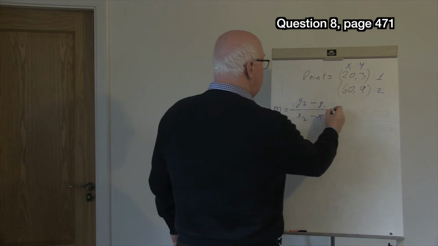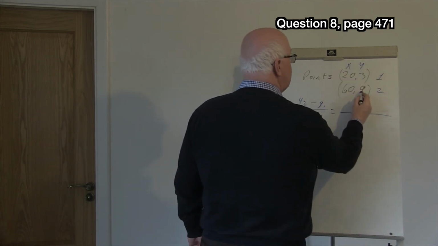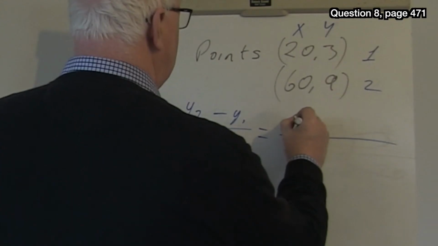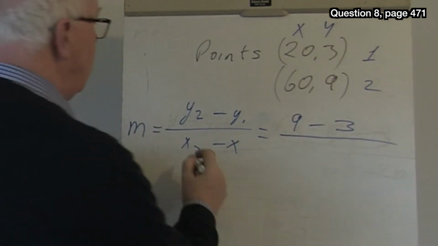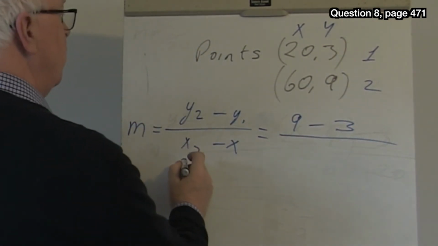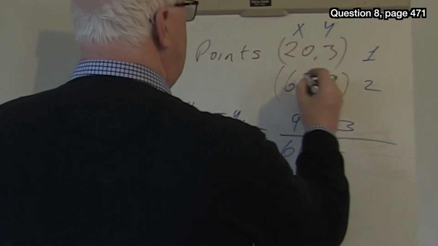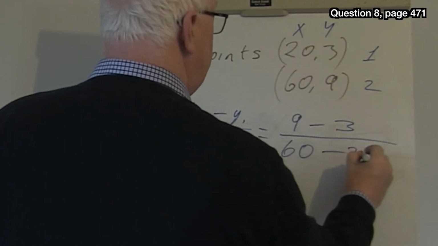So when we look there, y2 is 9, minus 3. And for x2, we have 60 minus x1, which is 20.